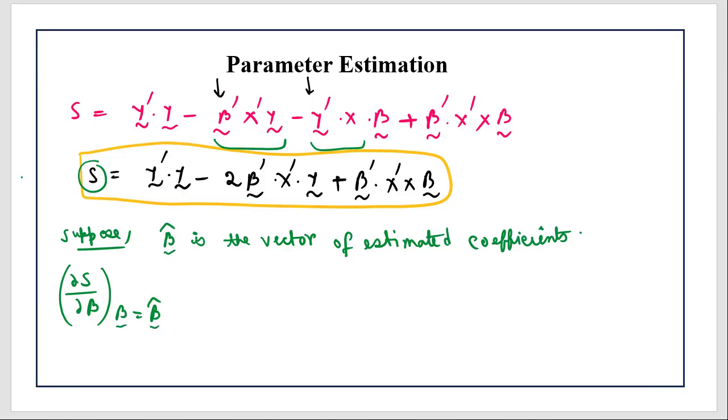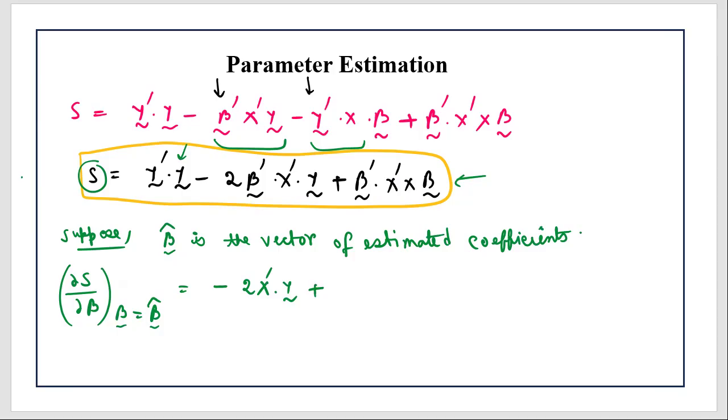So beta curl cap is the vector of estimated coefficients. You take the partial derivative of S with respect to beta, put beta equals to beta cap and set it equal to 0. In the first term, there is no beta, so you eliminate that. In the second term, there is a term of beta, so it will be simply 2 into X transpose into Y. The transpose doesn't matter when you take the differentiation. Only this much will be there.